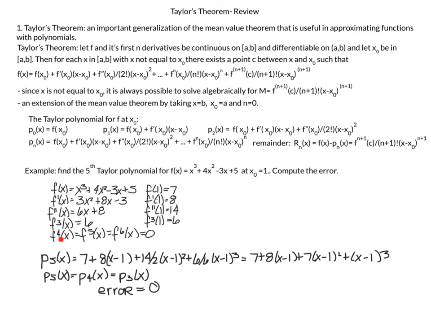You can see the fourth, fifth, and sixth derivative are equal to 0. So P5 and P4 are equal to P3. So actually P5 stops at the third power, which makes sense because our f of x is only the third power. Also, since the sixth derivative is equal to 0, we also know that our error is equal to 0.